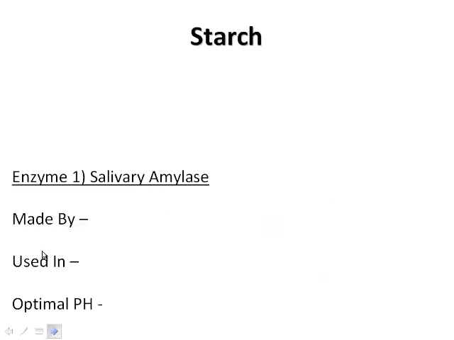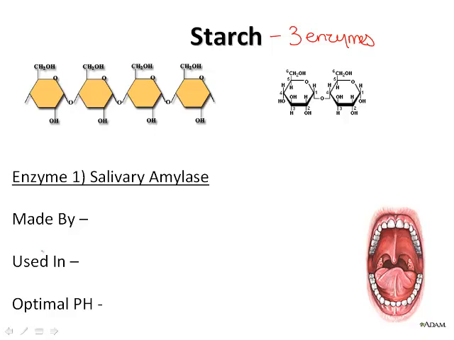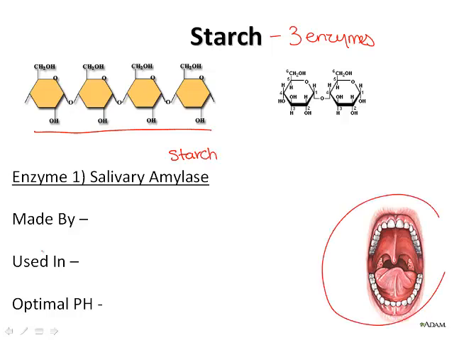So let's begin with starch. Starch has three enzymes that are used to break it down. So here's our starch molecule, and we're going to begin in the mouth. In the mouth, starch is broken down into maltose. So here's our maltose, and we know the enzyme that does this, salivary amylase.